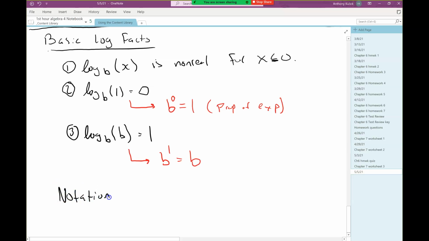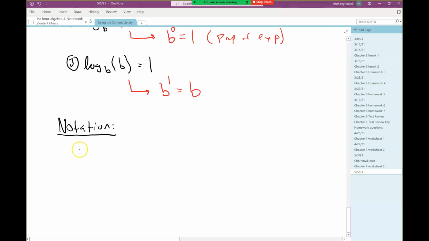Very important here is there's some notation involved. So we have two special logarithms that we write a little bit differently. The first one is called the common logarithm, which is log base 10. But we don't ever write the 10 there.